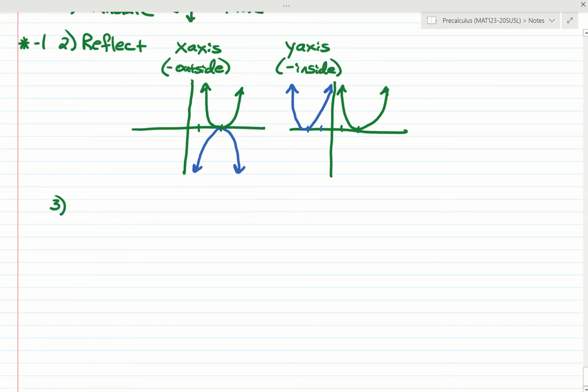The third type of transformation is called a dilation. And we get a dilation anytime you multiply by a number other than 1. When we have a dilation, we could either have a stretch or shrink.